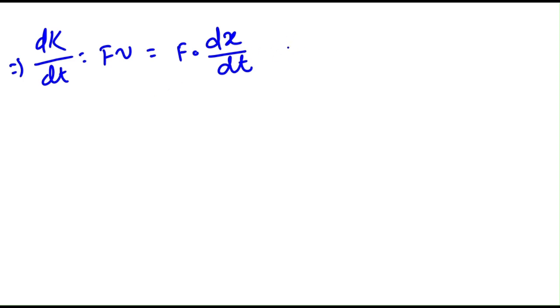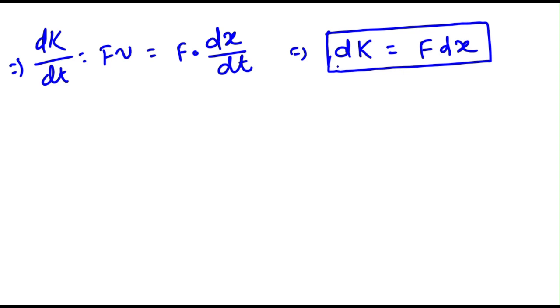So it will be dx by dt, and now you can check here dK will be F dx, and now you can see that this is change in kinetic energy, this is force, and this is displacement. So change in kinetic energy is work done.